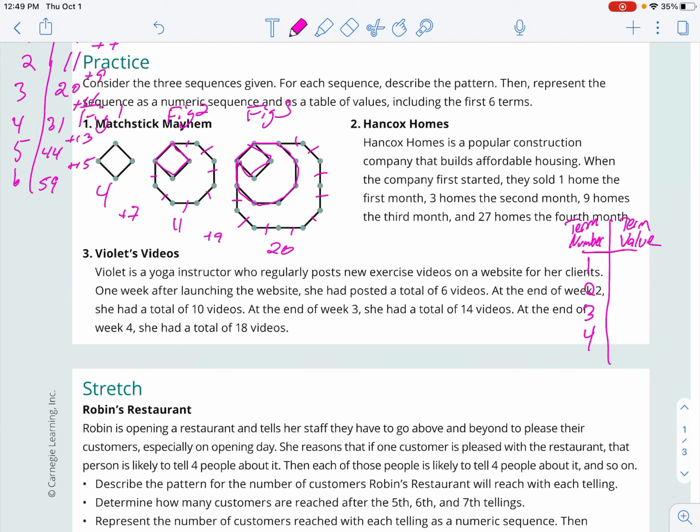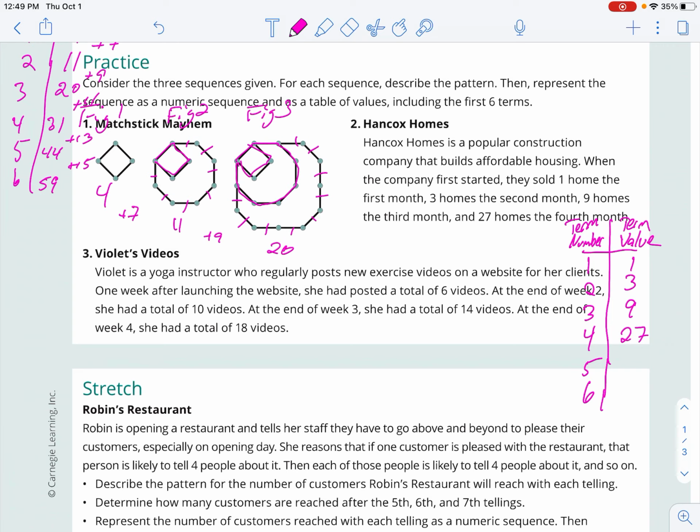Now it's a sequence, so in each position, what's happening. For the first month, they sold 1 home, and the second month they sold 3. Third month they sold 9, and then the fourth month they sold 27, and then in the fifth and the sixth.